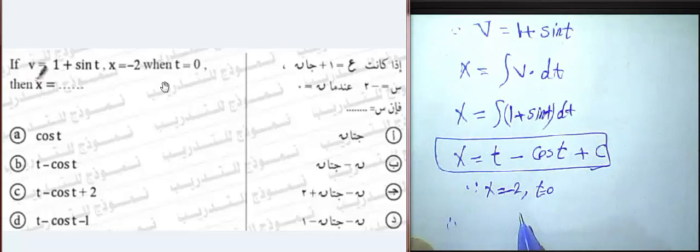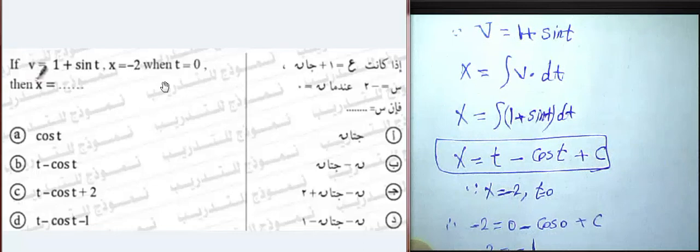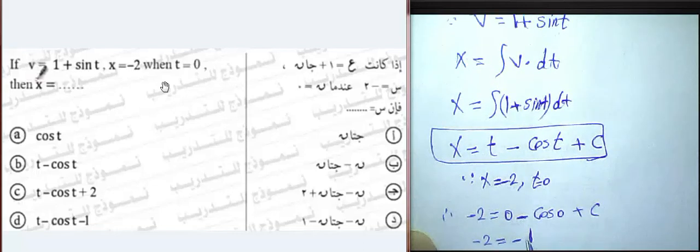Substitute x equals negative 2 and t equals 0 into negative cosine t plus constant. We know cosine 0 equals 1, so negative 2 equals negative 1 plus constant.